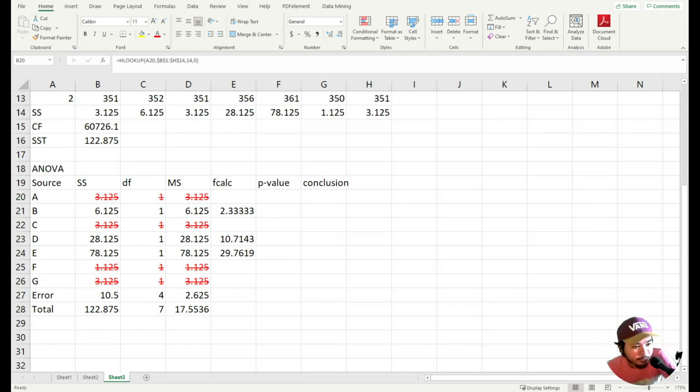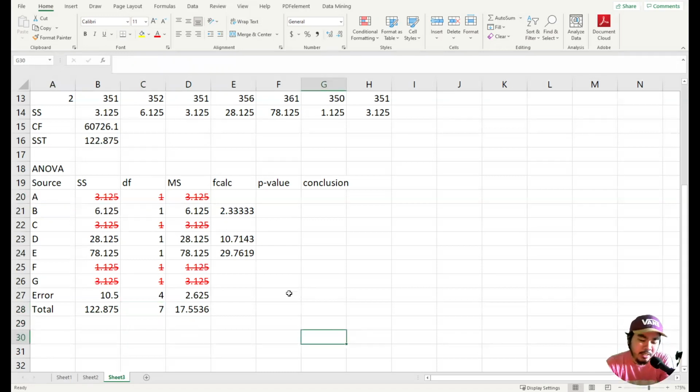Okay? So Lawrence asks, is it always the lowest 4 that are taken into account in pooling? No, it's not always the lowest 4 values. It all depends on the total.